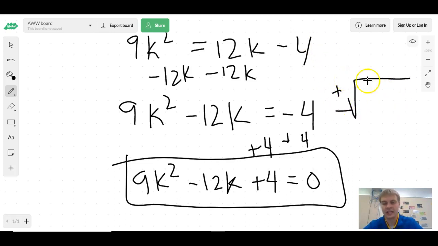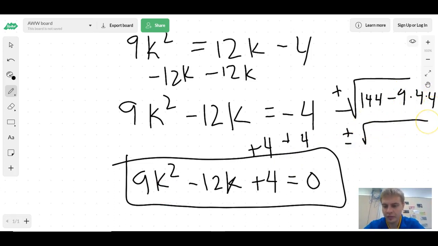So we're just going to plug in that portion, which b squared would be 12 squared, which is 144, minus 4ac. Well, that would be 9 times 4 times 4. Well, 9 times 4 times 4 is 144. 144 minus 144 is 0.